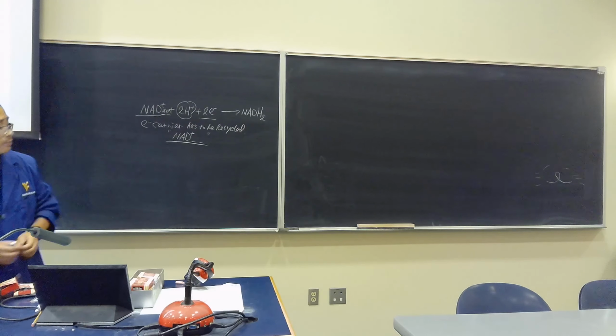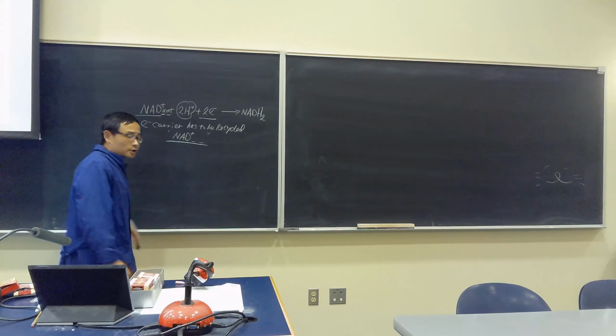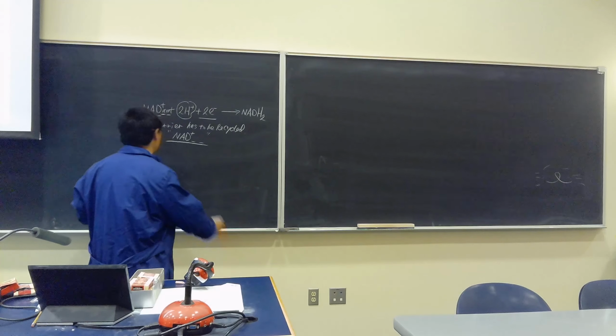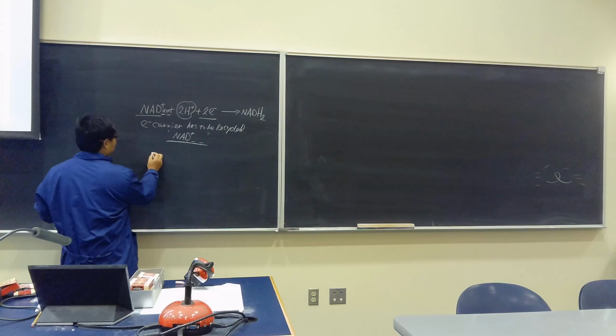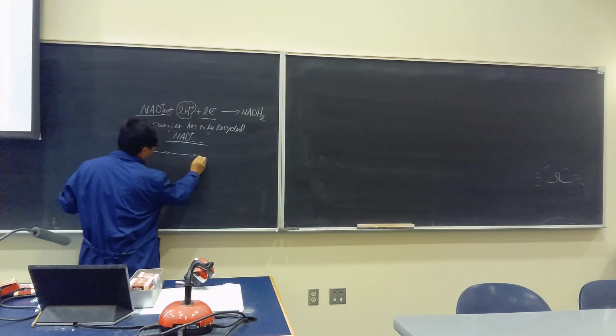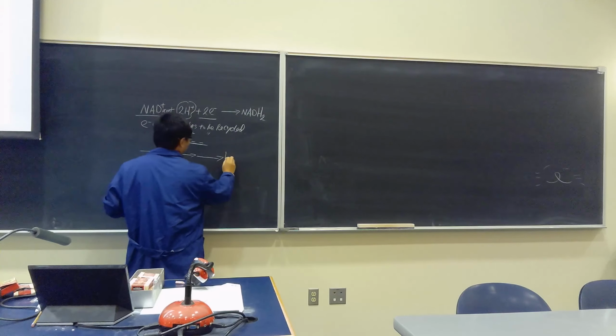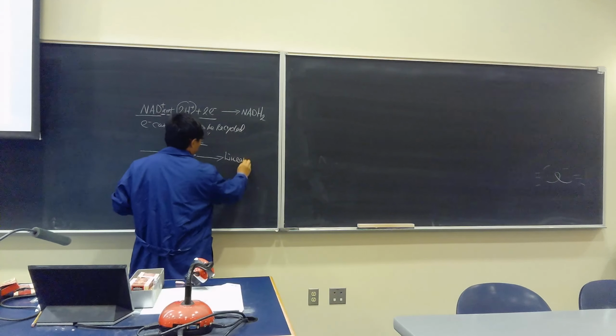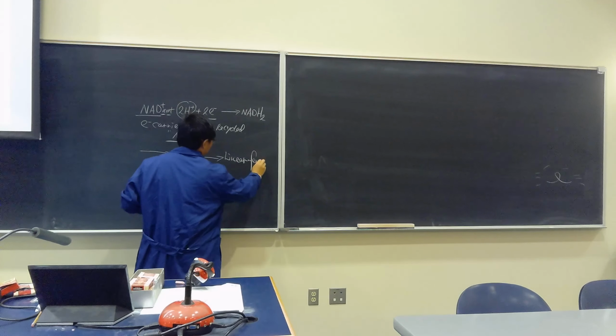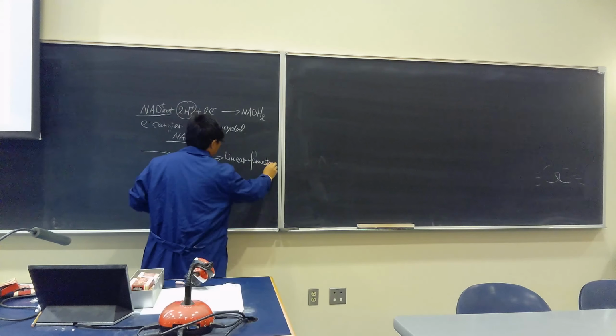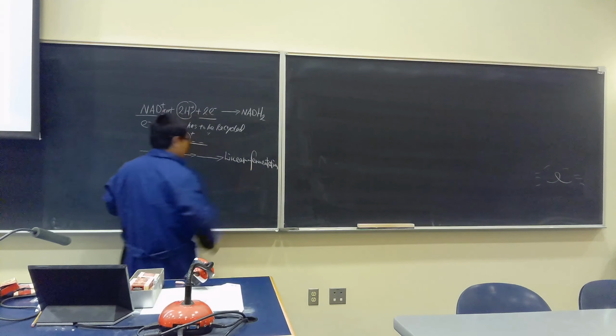Okay, metabolic pathways. Metabolic pathways have different morphologies, we can say. It could be linear. What's an example? Fermentation, where the reaction is linear.